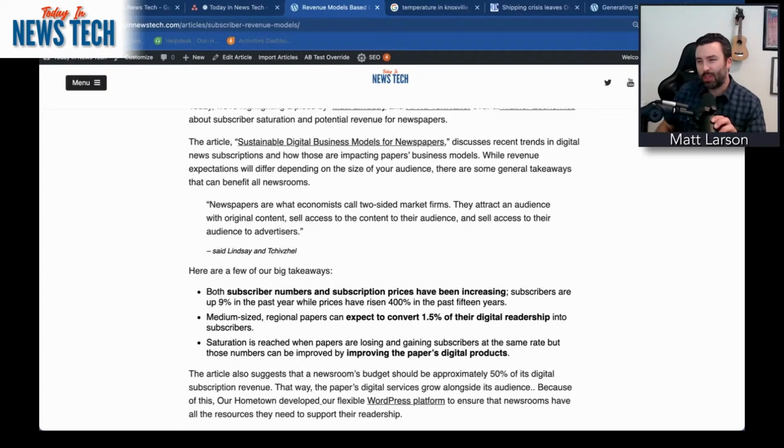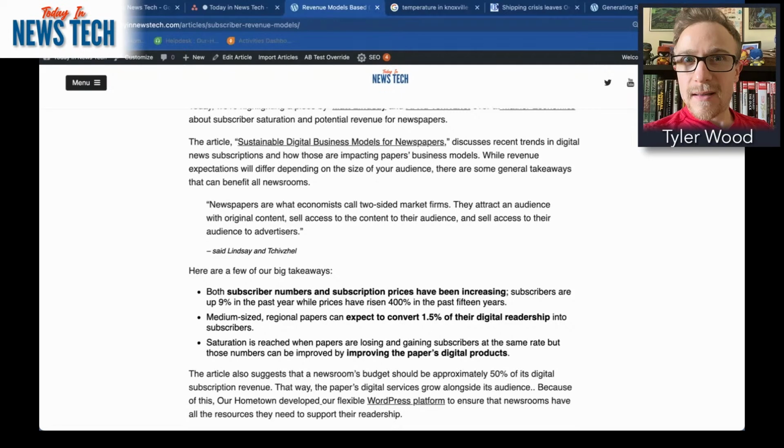Okay. And then medium-sized regional papers can expect to convert 1.5% of their digital readership into subscribers. That was an interesting number. I wonder how we line up there. You know, we could easily pull that for all of our customers, monthly page views and. Right. I think the metric that the article used was 1 million monthly page views. Okay. As its bottom floor.